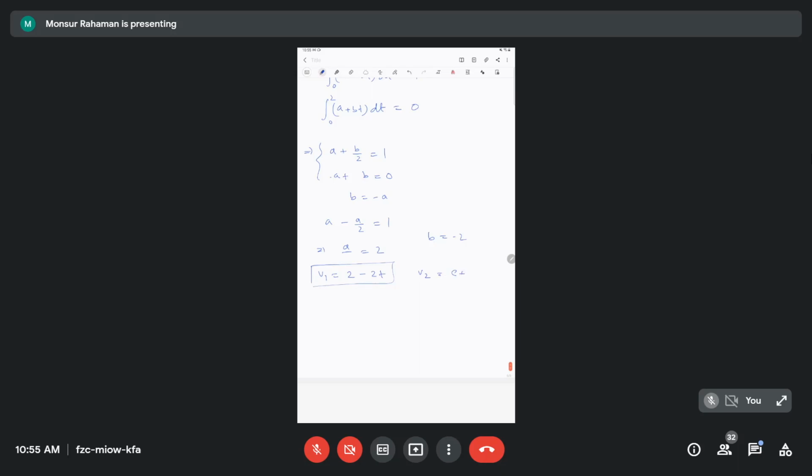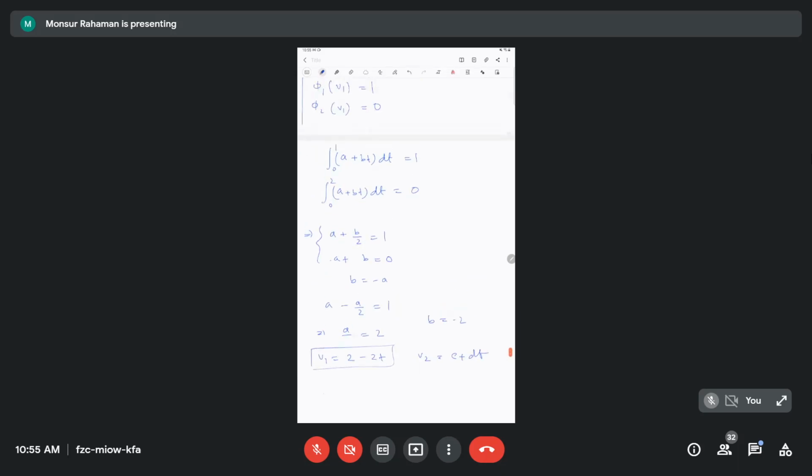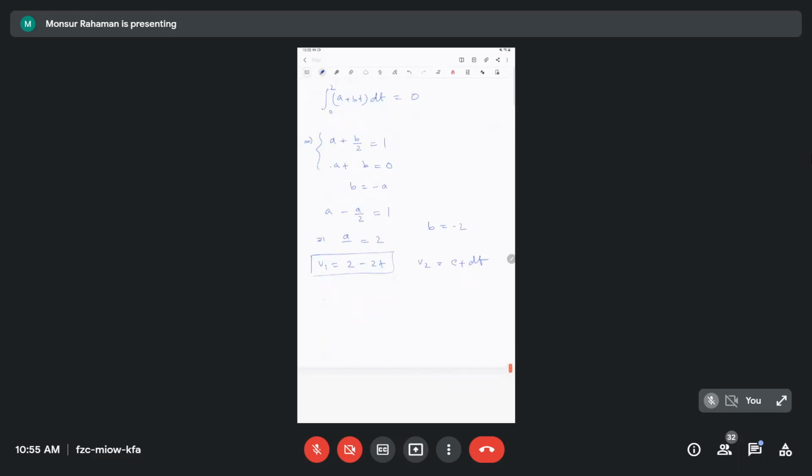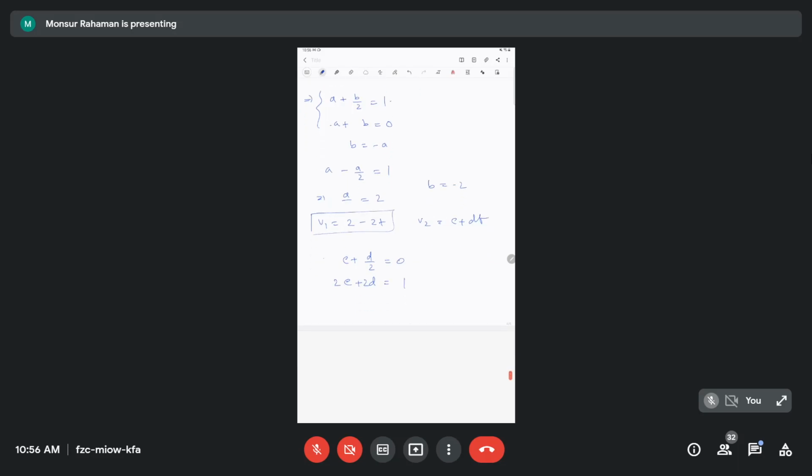For V2 you have considered c plus dt. So the same equation, just the 0 and 1 change here. So c plus d by 2 equals 0, where earlier it was 1, and 2c plus 2d equals 1.